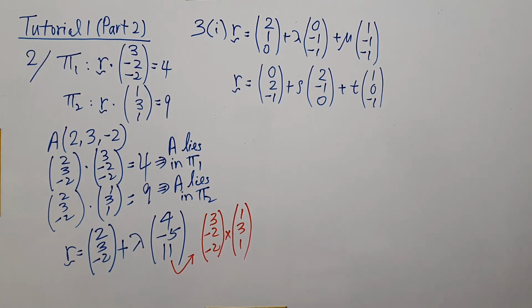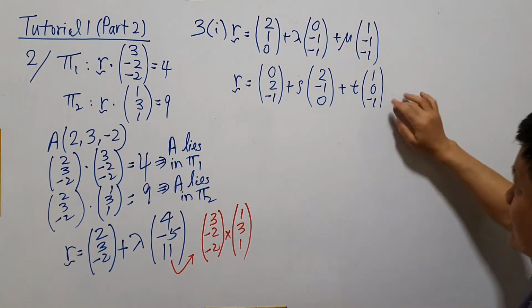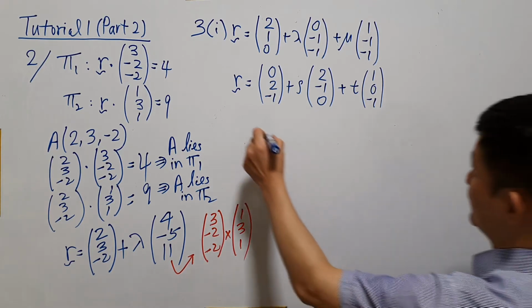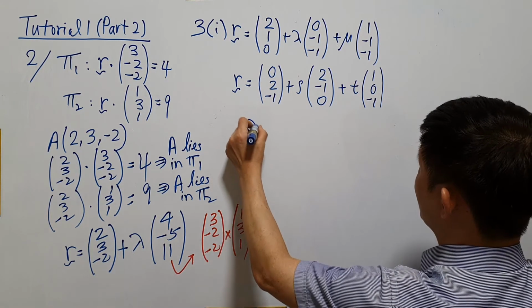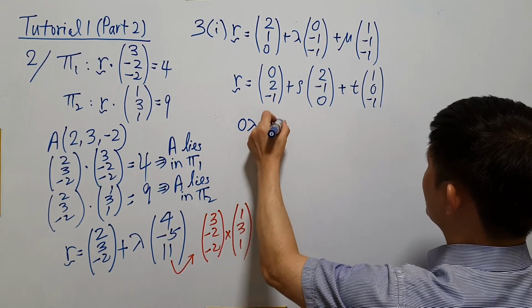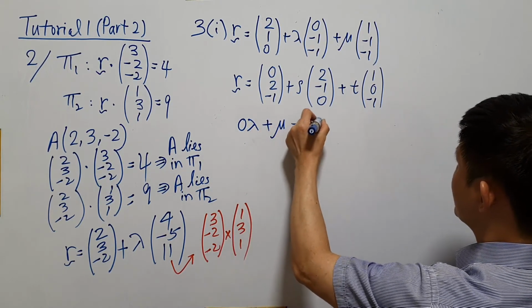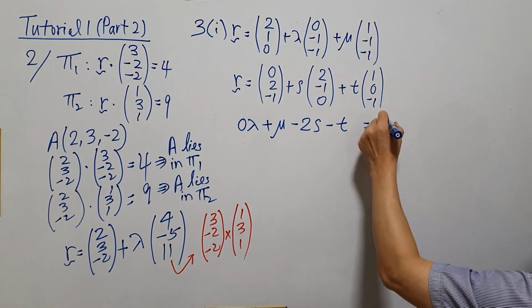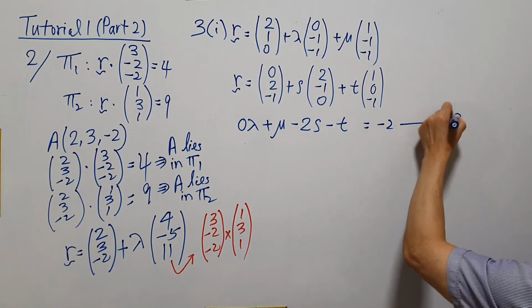So what I'm going to do is equate these two equations, this equals this, and form the three equations, shuffling terms around. My three equations will be: 0 lambda plus mu minus 2s minus t equals minus 2. This is my first equation.